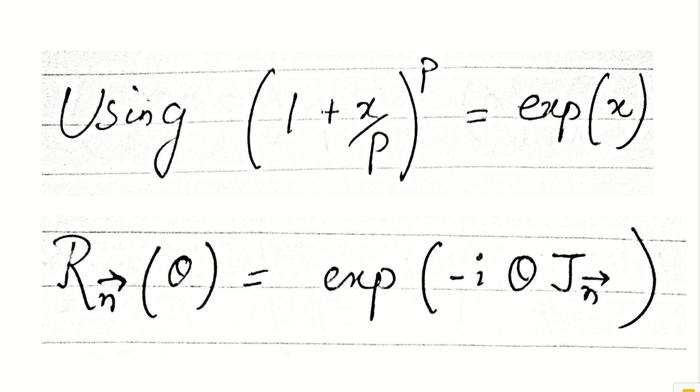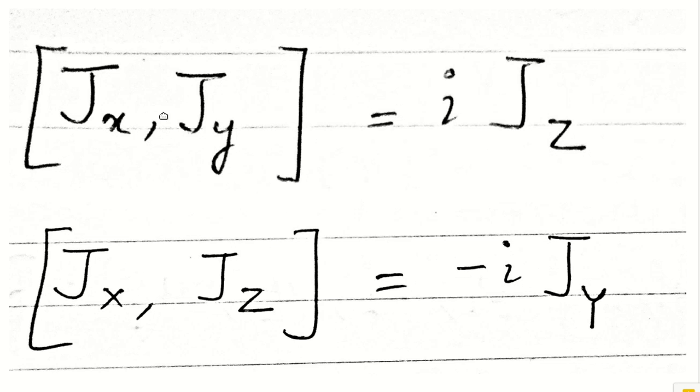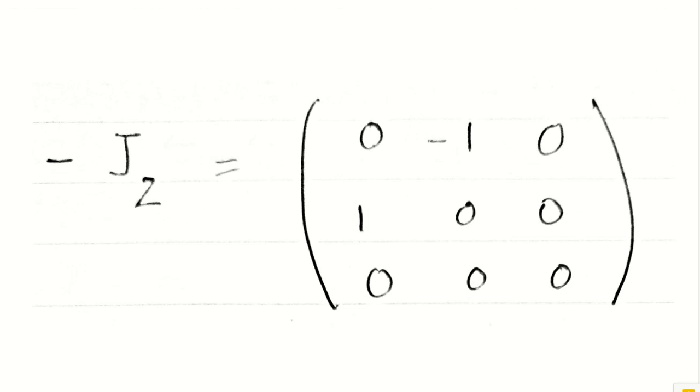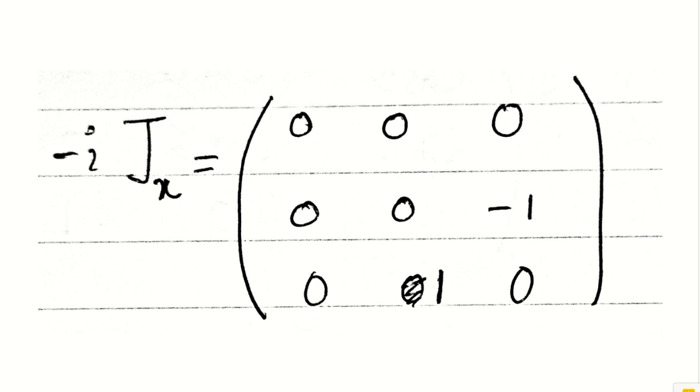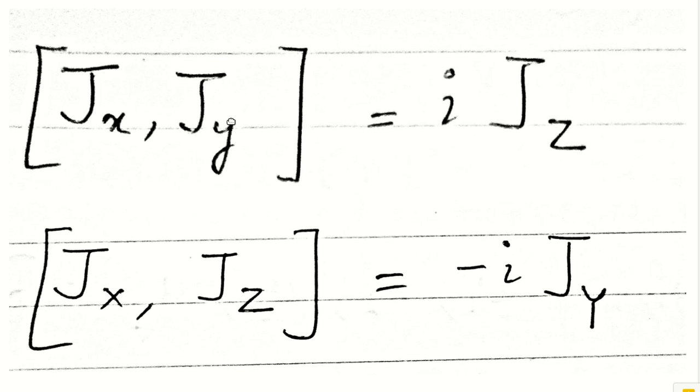These Lie algebras satisfy a famous commutation relation, that the commutator of Jx and Jy should be equal to I times Jz. Jx, Jy and Jz are the generators corresponding to rotation about x, rotation about y, and rotation about z respectively. These are the basis vectors of the tangent space, or the Lie algebra of this SO(3).